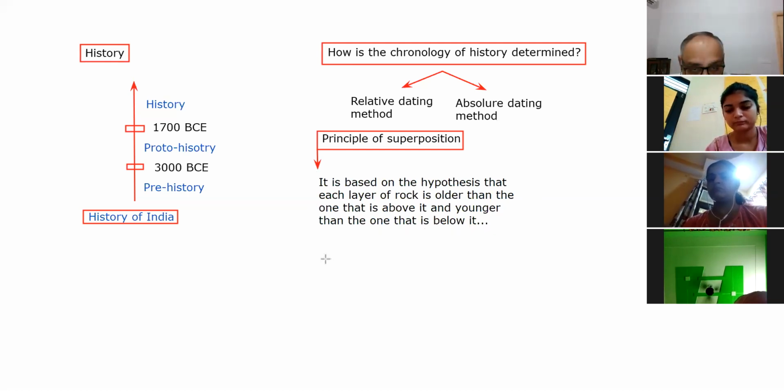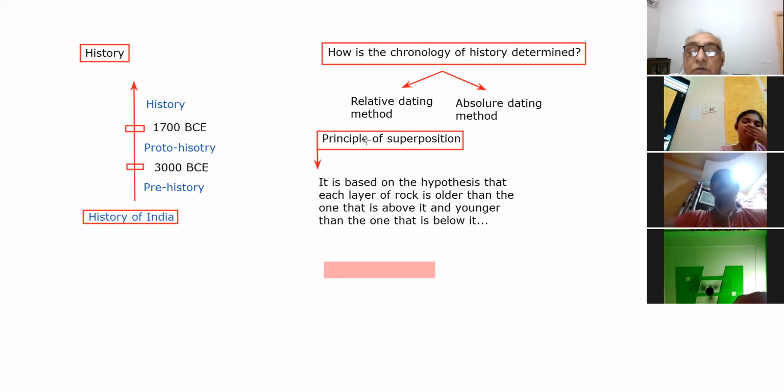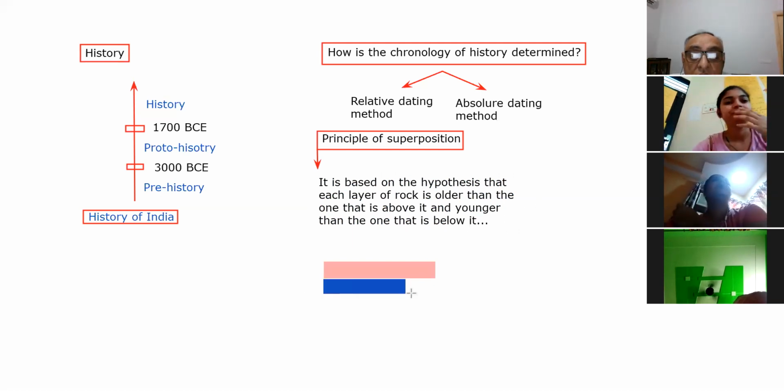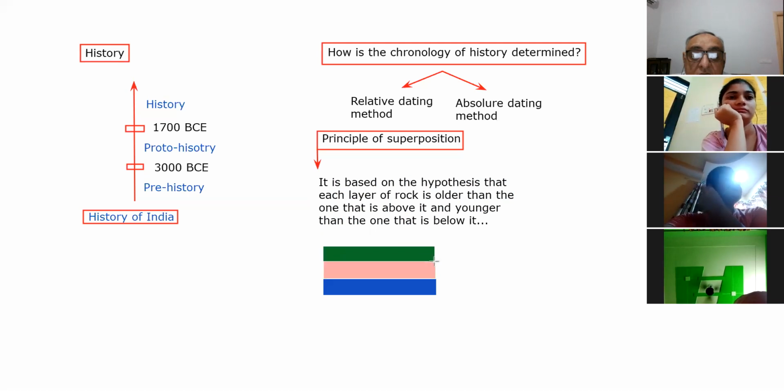Let me take this example. I am taking three layers of rocks here. Let's suppose one layer of rock is this, the other layer of rock is this, and this is the third layer of rock.